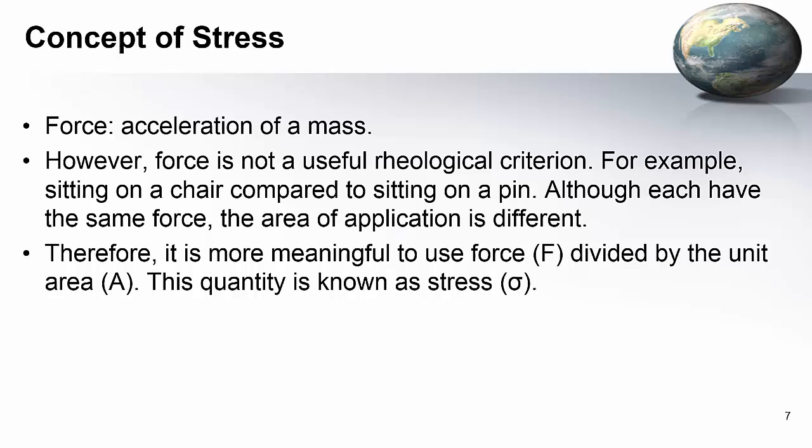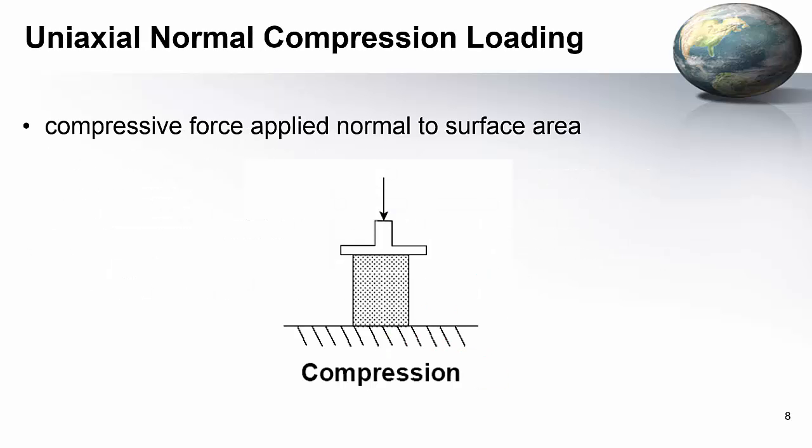To begin with, we need to understand what stress is. Stress is given by force per unit area. The force itself is not a very useful criterion, because it depends on how much area you apply it on. Is it a large force spread across a large area or a very tiny area? That is the stress.